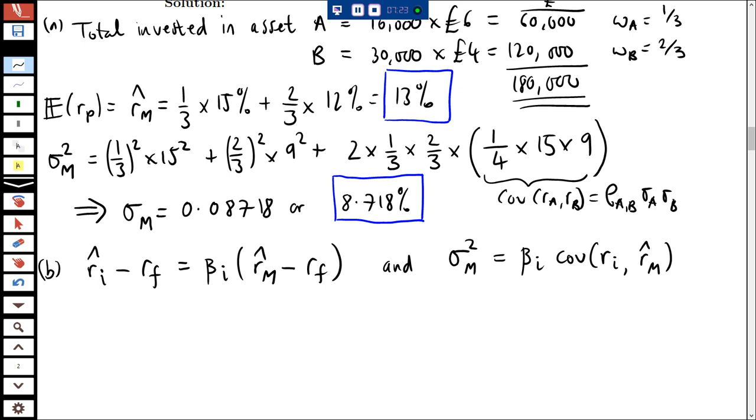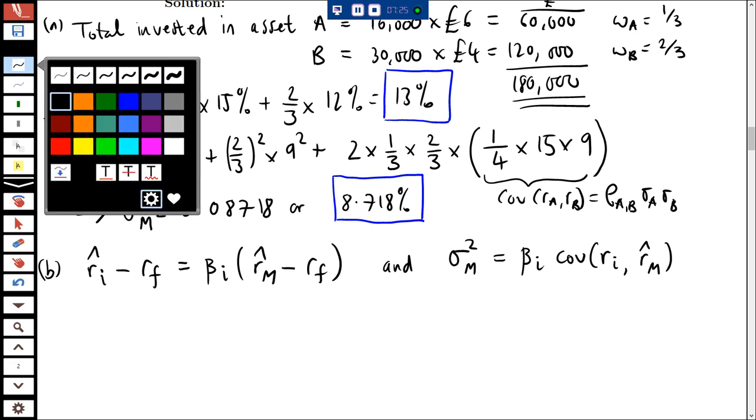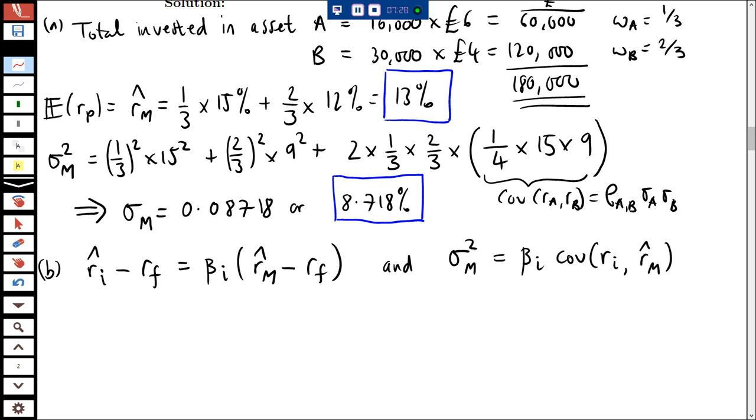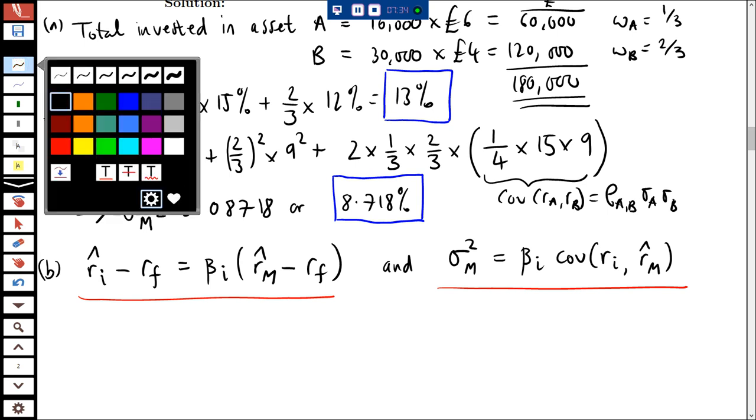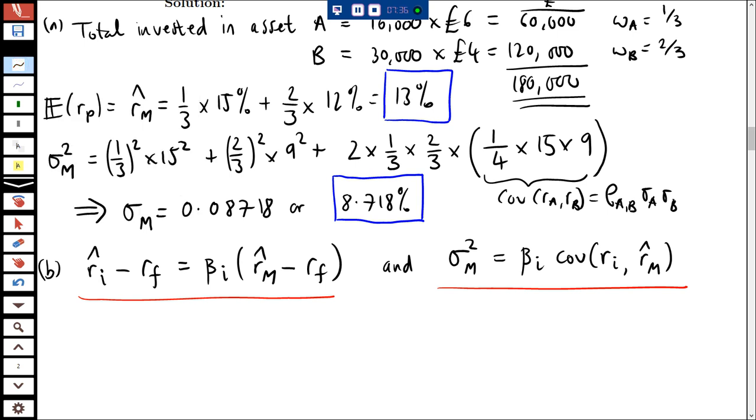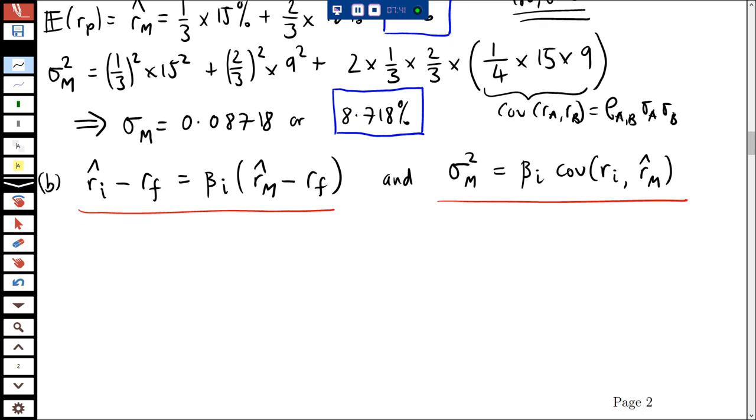Okay, so these are the two things that we know. Very important. Let's try lucky red. So we know these. Okay, so now we need to use these things. It looks like we need the covariance over on the right hand side.